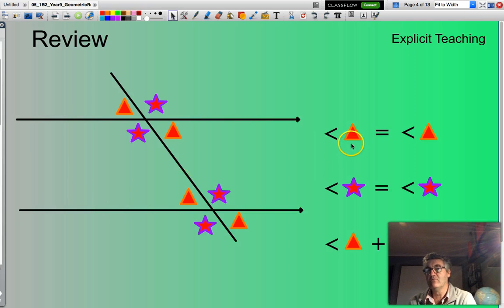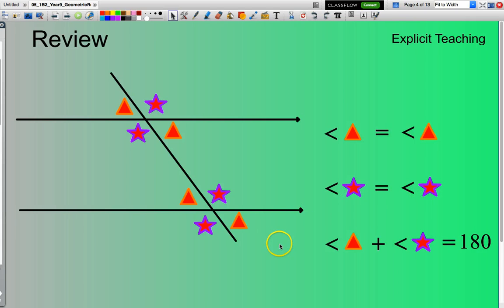So any angle that is represented as a triangle is equal, and likewise any angle that is represented by a star is also equal. If I combine an angle which is a triangle and a star, such as these two down here, they will always add up to 180 degrees.